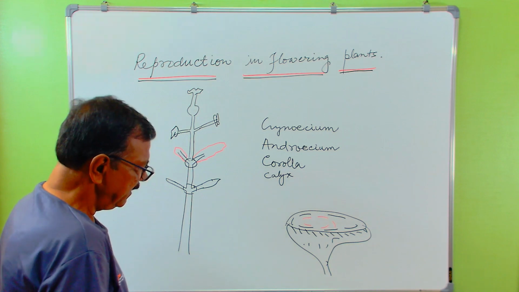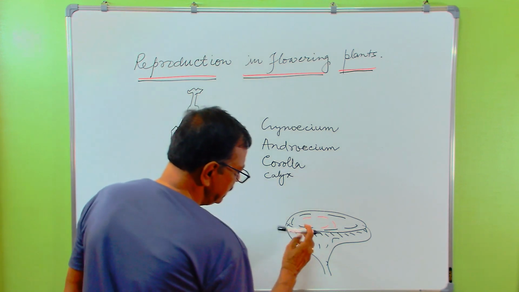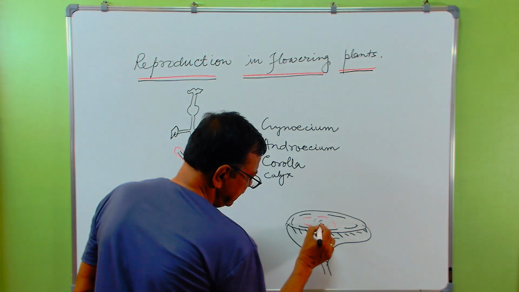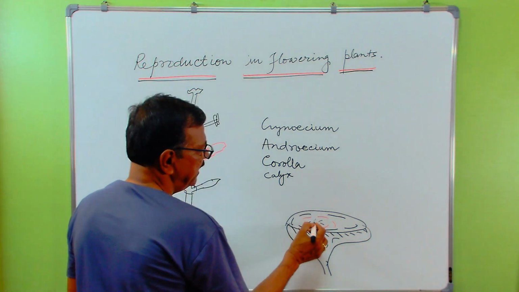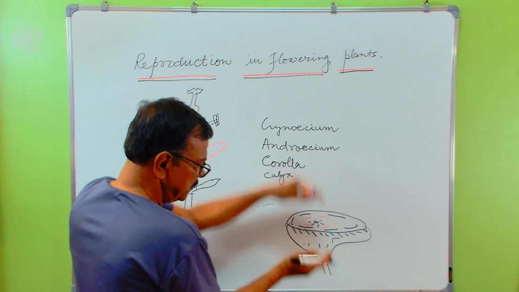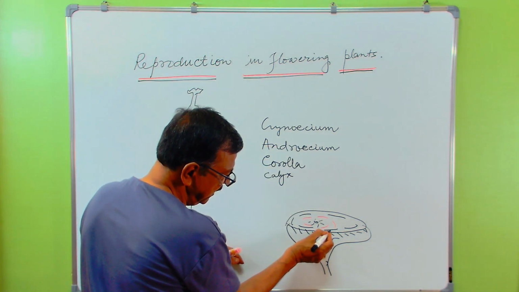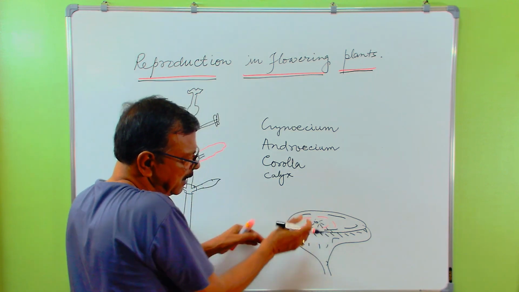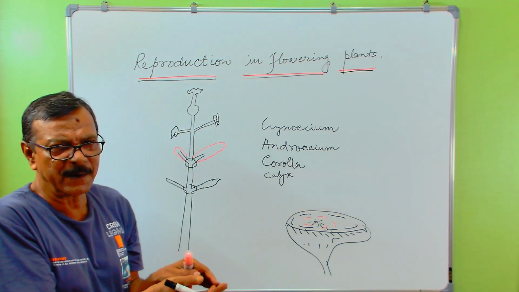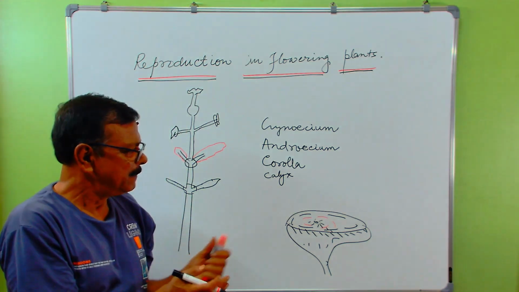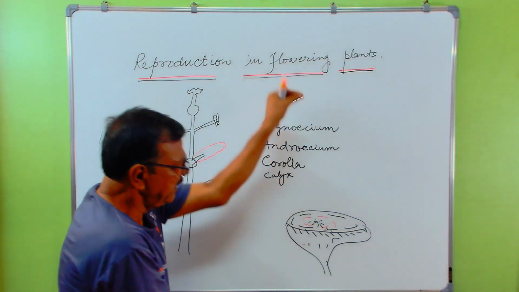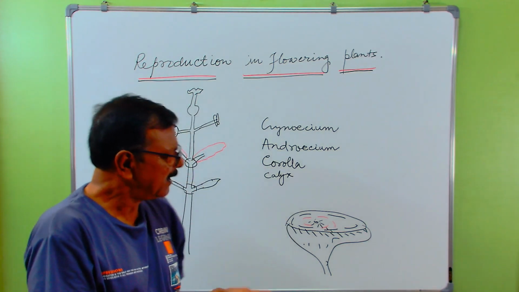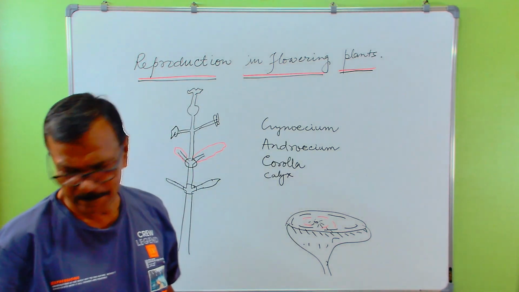Calyx, corolla. Then you will find androecium here with filament and anther. Then you will find gynoecium. So these are internodes, these are internodes. Internode and node are so suppressed that you cannot distinguish. But if you extend it, you will find this. So these are the four whorls.